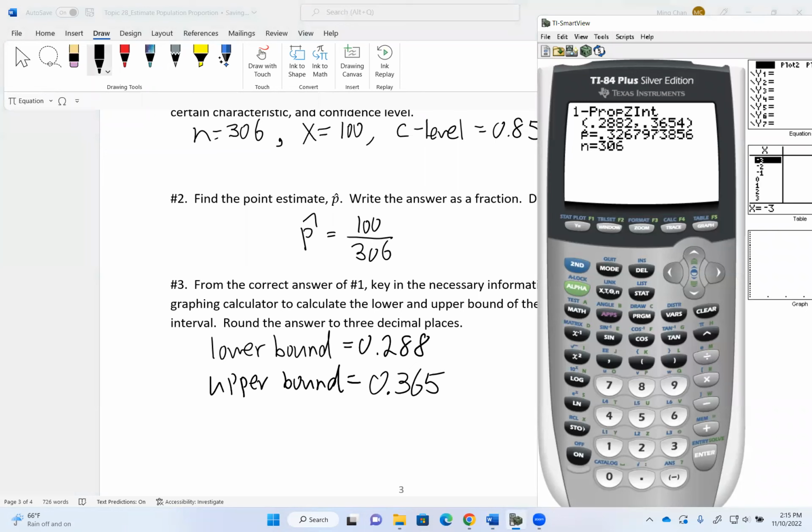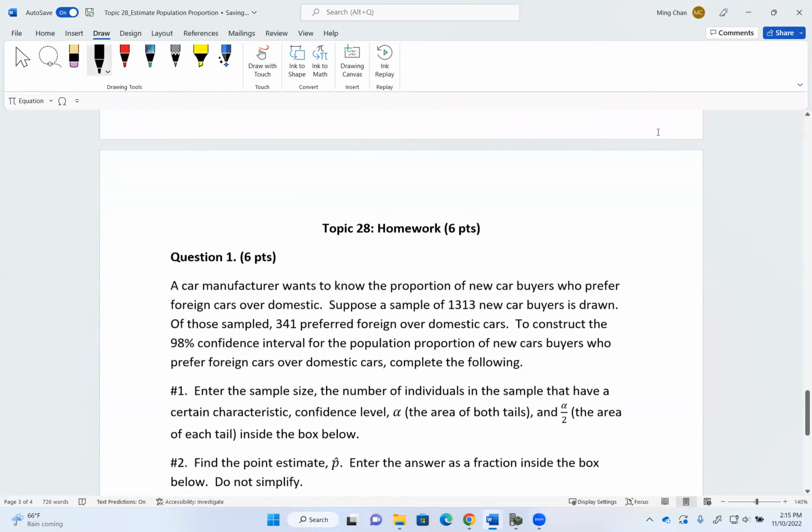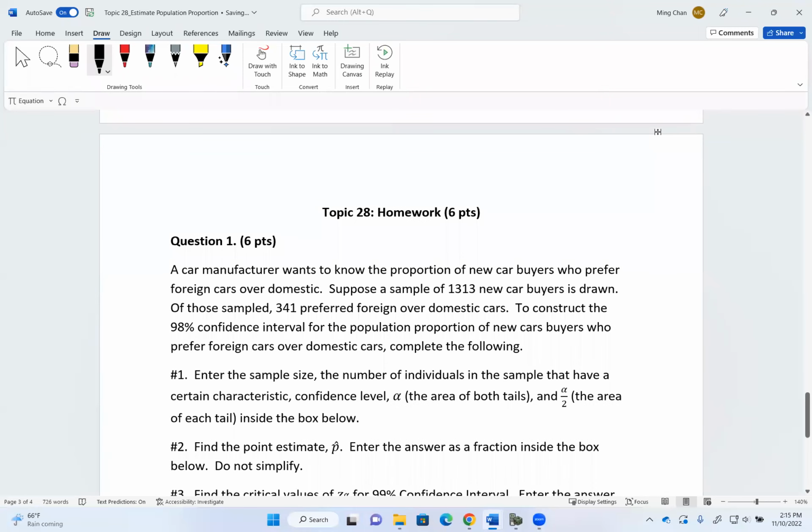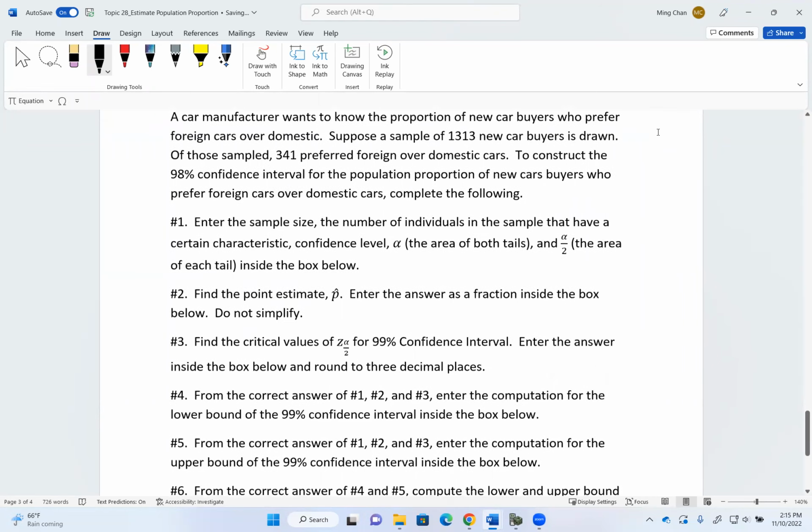So the true percentage of suspects being caught is somewhere between 28.8% and 36.5%. That's a quick look at how we can estimate the true population proportion based on the p hat, the sample proportion.